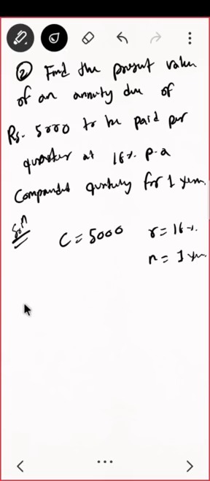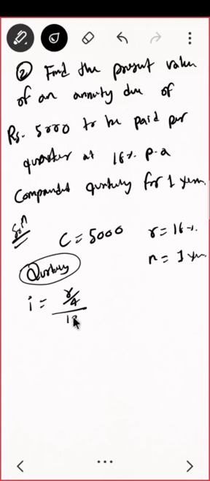Quarterly is given, so in place of r what do you have to write? r/4. So it will be 16 upon 4/100, that is 0.04. Is that okay? That is done.